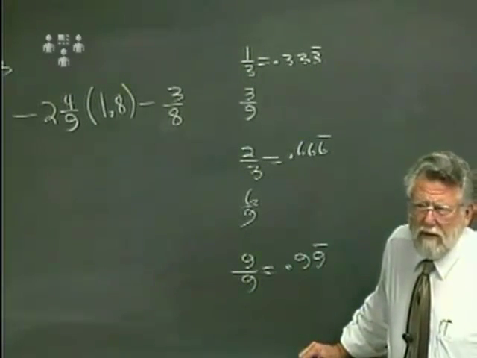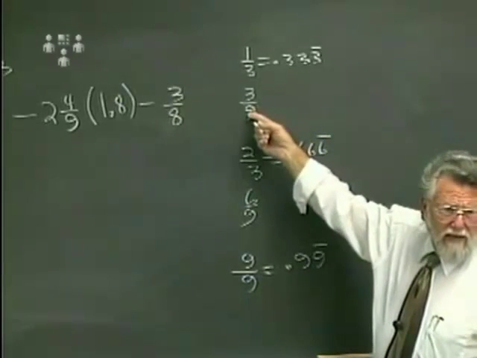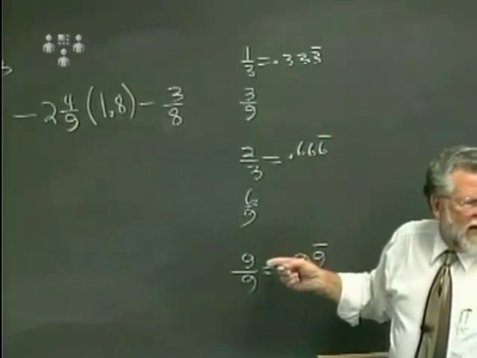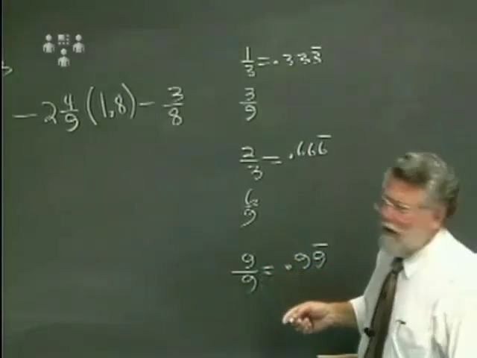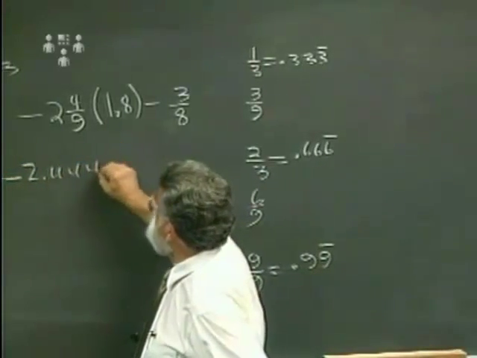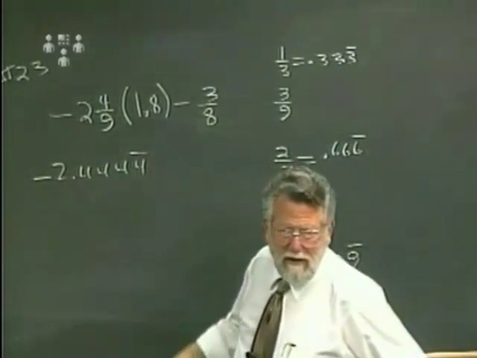Not 2's forever. 6 ninths gave you 6's forever. 3 ninths gave you 3's forever. 9 ninths gave you 9's forever. Yes, 4's forever. So this is negative 2.44444 forever. I like that 4's forever.